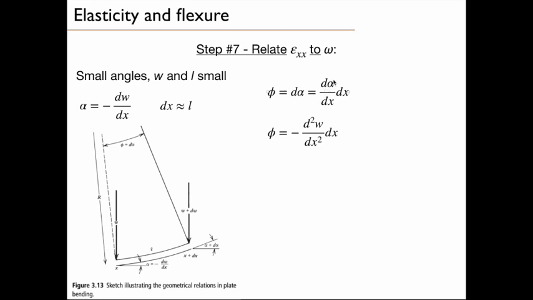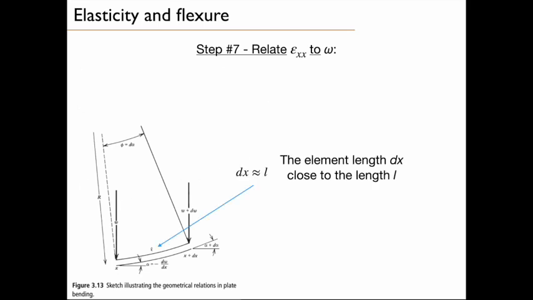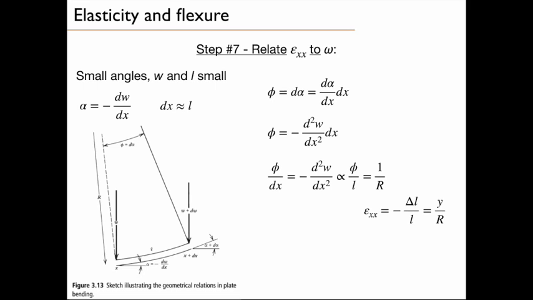So you see the derivative of alpha with regard to x is the second derivative of this. So phi is minus d2w/dx squared times dx. Then we are going to take dx to the right hand side.